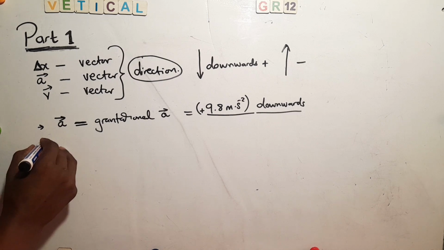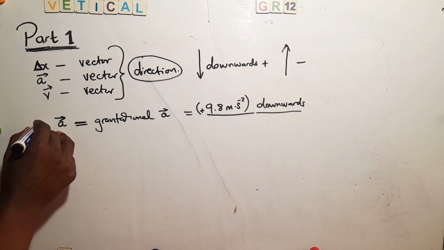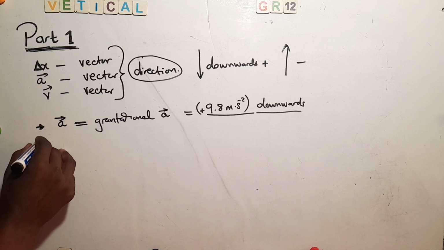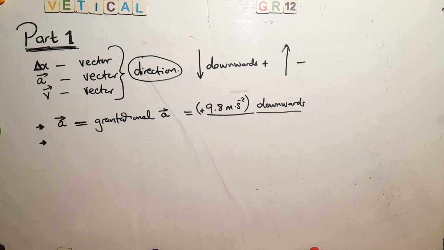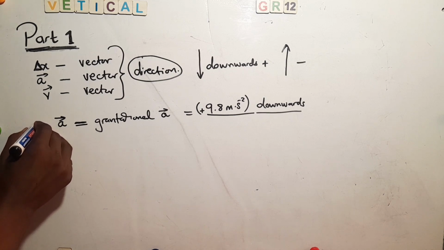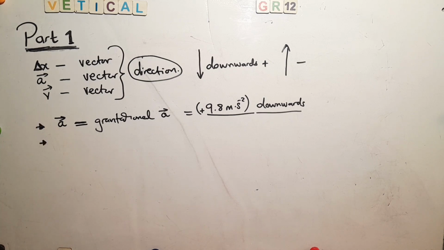Like I always say about vectors in physics, nothing is actually negative. Negative just tells us the direction of quantities, right? That's how we handle physics vectors.